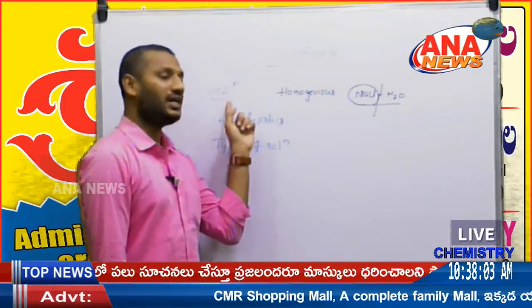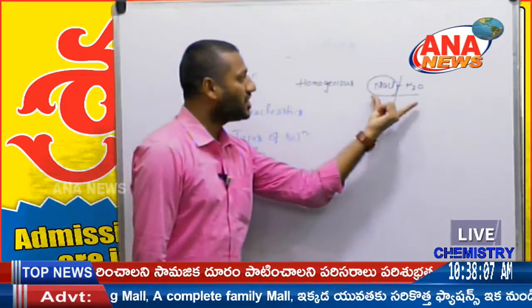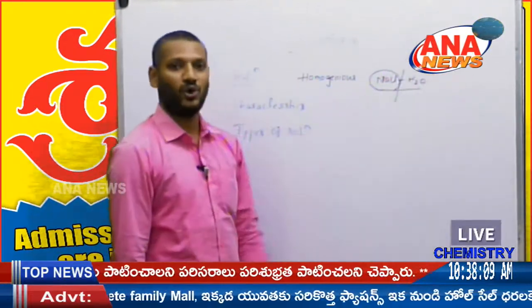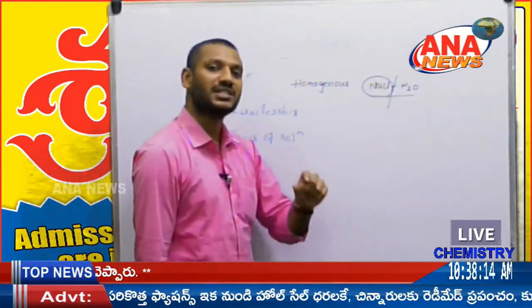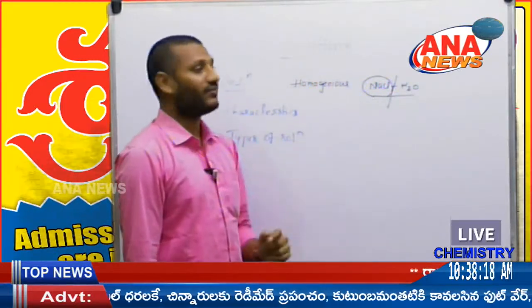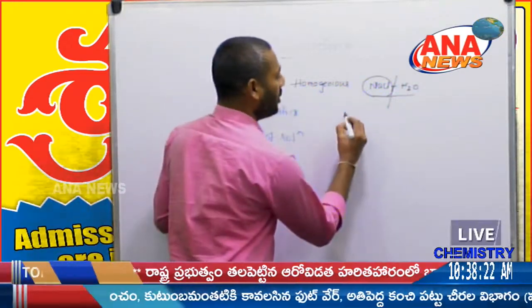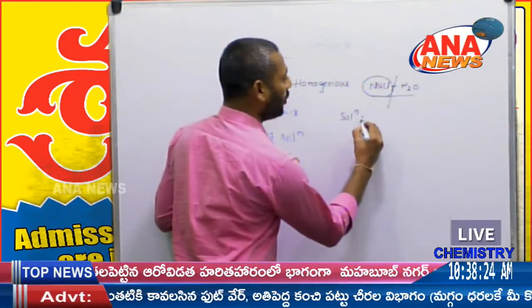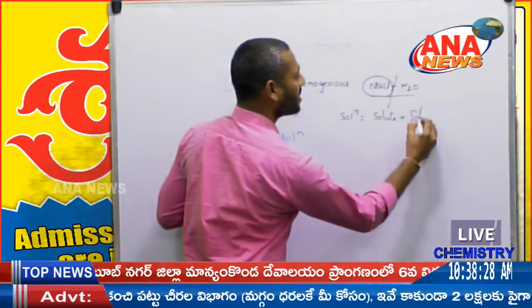Again, the definition of the solution is nothing but a homogeneous mixture of two or more components whose composition may vary within certain limits. A solution is equal to solute plus solvent.